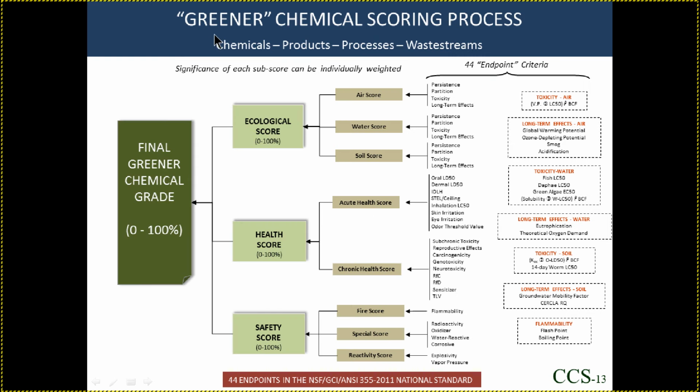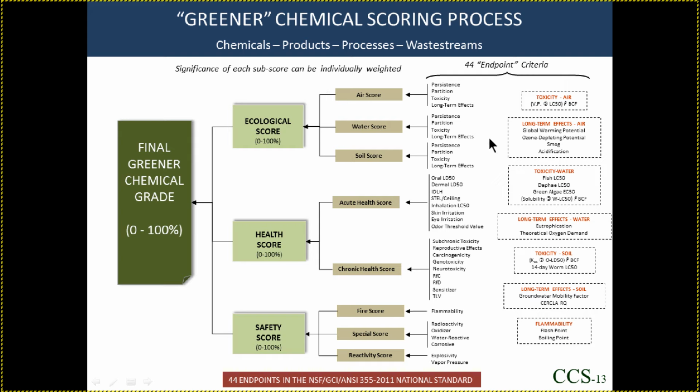The next chart is the critical chart. This is how we score a chemical, and we use it for both hazard and risk assessments. As we see in the subtitle, it applies to chemicals, products, processes, and waste streams. Basically, the 27,000 chemicals, we've compiled the data from these 1,000 publicly available sources on the 44 endpoints over here on the right.